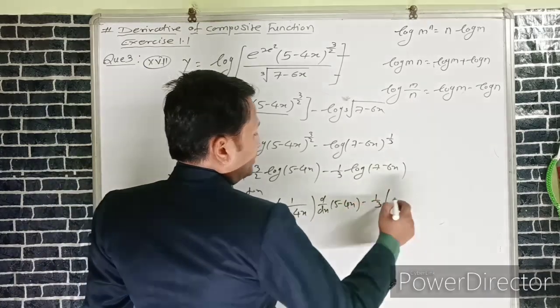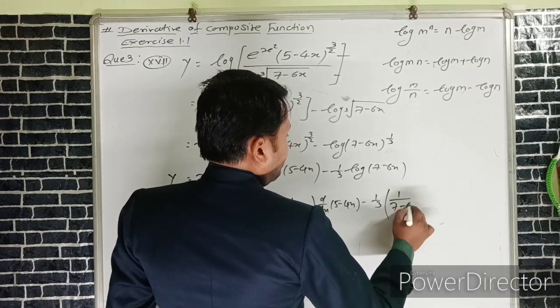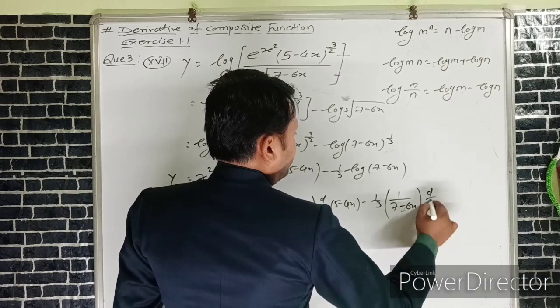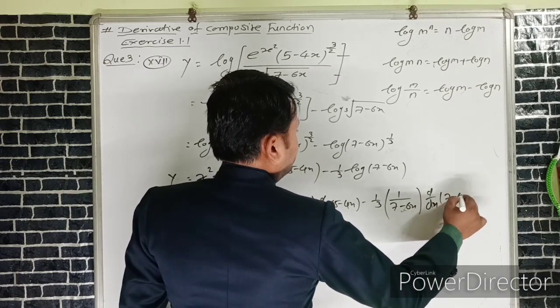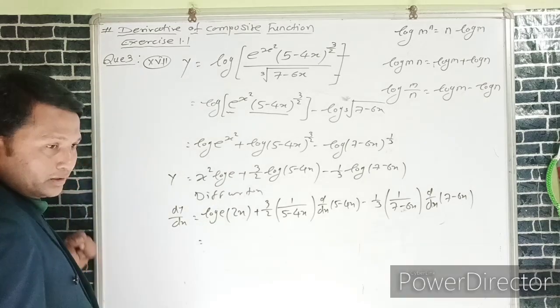Log of 7 minus 6x is 1 upon 7 minus 6x into again the derivative of 7 minus 6x. After that, the value of log e is 1.